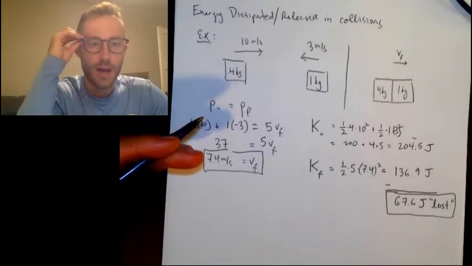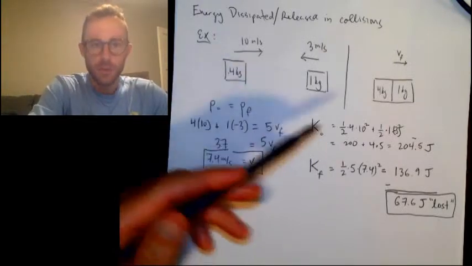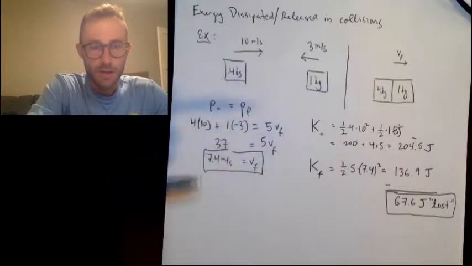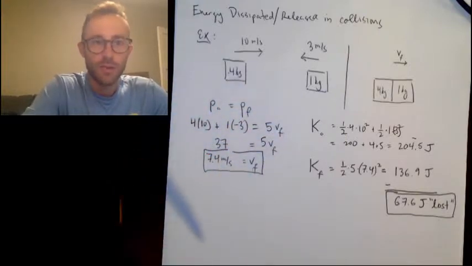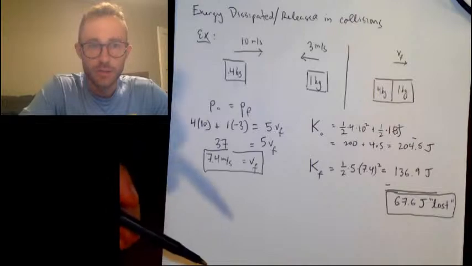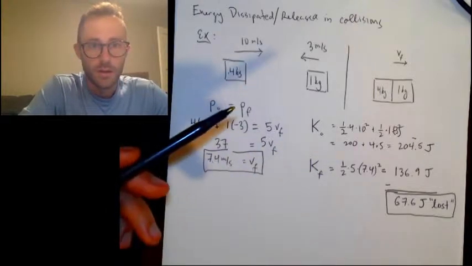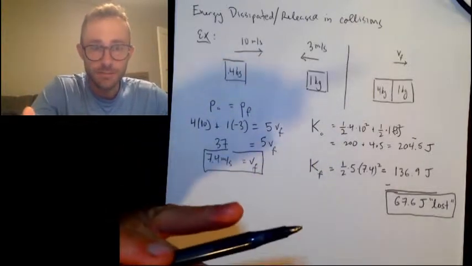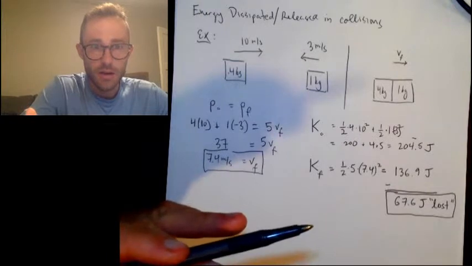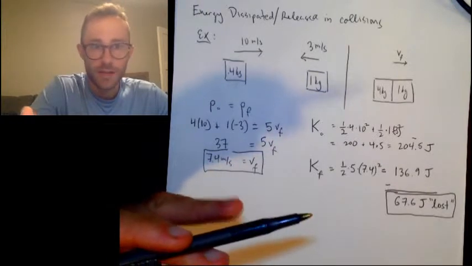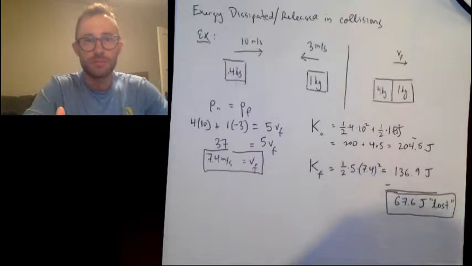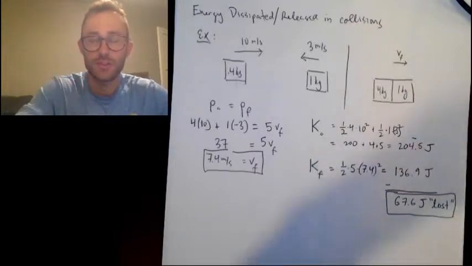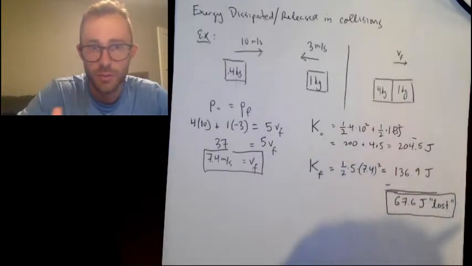And so what happens in a completely inelastic collision is that perhaps energy is turned into heat, okay? You could have kinetic energy turned into the energy of sound waves, which we'll learn about later. Sound waves carry energy.